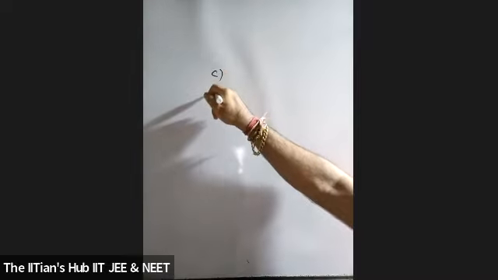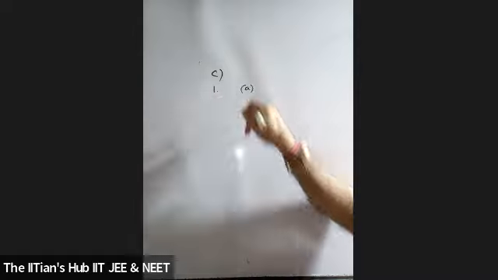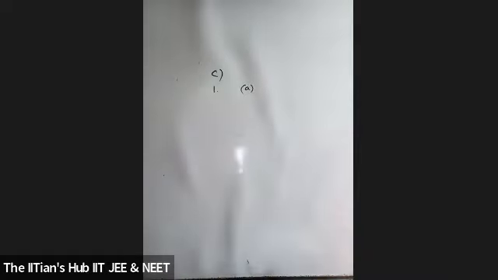And that is your centripetal force. Are you getting it? So A and R are both correct, and R is a correct explanation for A. So students, the answer for your assertion and reason, first question, is option A, that both A and R are true and R is a correct explanation of A.